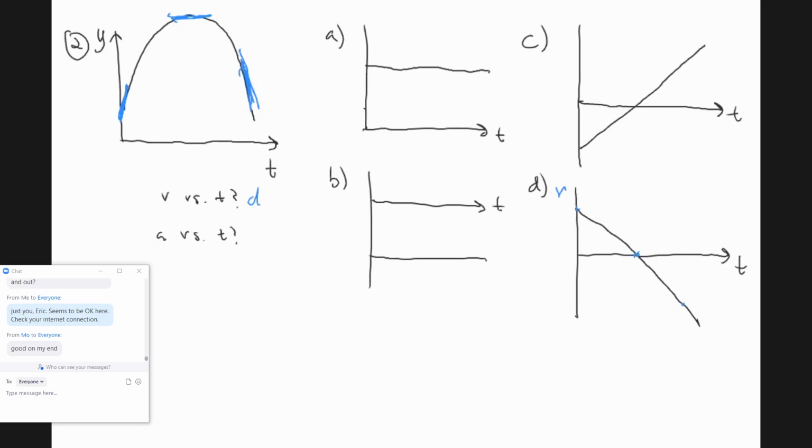So what about acceleration versus time, Tiffany? Yeah, so I made an assumption here where I was just imagining someone throwing a ball. When I compare this timestamp versus this timestamp, we know that velocity has decreased, and in order for something to decrease, the acceleration and the velocity vector have to be opposite.